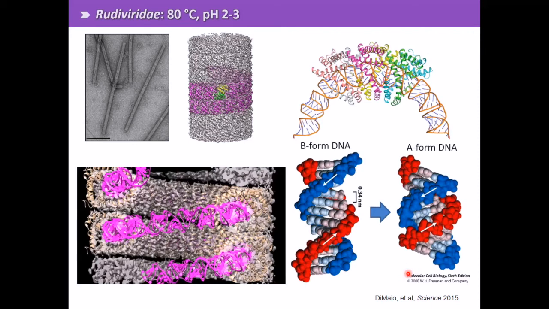This conformation of DNA was discovered many years ago by Rosalind Franklin, and it was assumed ever since to be a laboratory artifact due to dehydration of DNA. But now we know that this form of DNA is actually biologically relevant, and it is found in archaeal viruses. I was telling you about one virus, but we now know that many archaeal viruses, rod-shaped and also icosahedral, store the DNA in the A-form conformation in the viral particle.